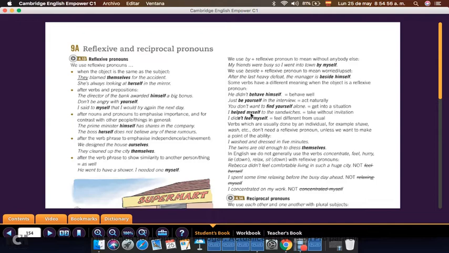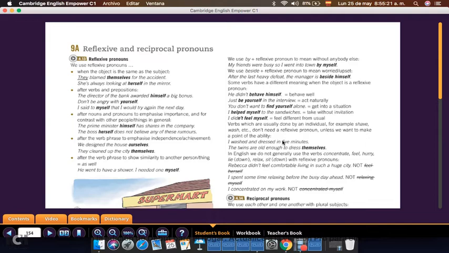It's not like I helped myself doing something, it's just like I ate them with nobody inviting me to. I didn't feel myself, it's like I feel different from usual. You see these phrases, you don't take them literally, okay? Verbs which are usually done by an individual, for example shave, wash, don't need a reflexive pronoun unless we want to make a point of the ability.